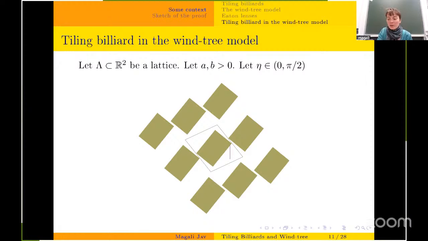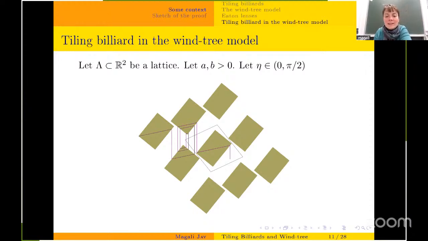I reach an obstacle, and so the trajectory is refracted inside the obstacle, as in the tiling billiard. And again, it goes out. So we can follow like that the trajectory.